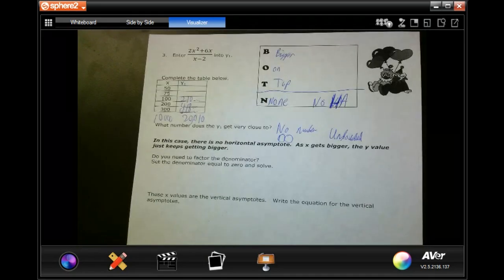All right, do we need to factor the denominator where it's x minus 2? McKinley, do you mean in like a graphing calculator?